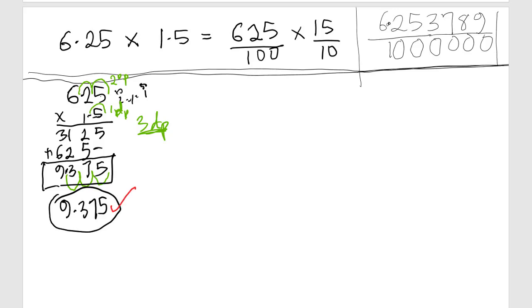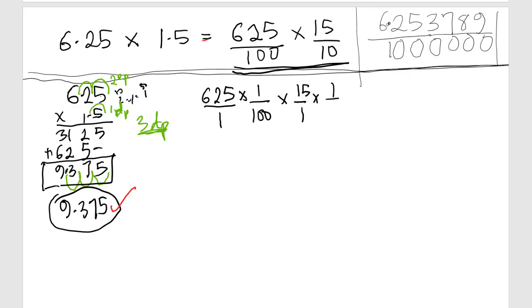Okay, so the other way of doing it is more advanced, because that one looks longer. So you can do something like 625 over 1 times 1 over 100 times 15 over 1 times 1 over 10.